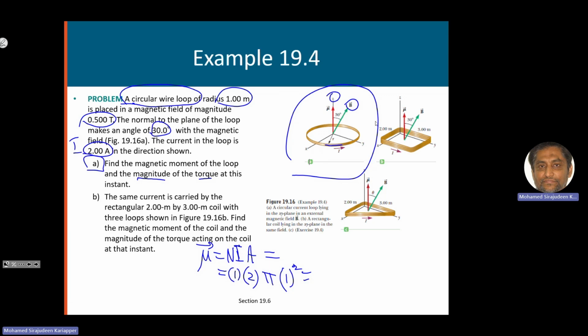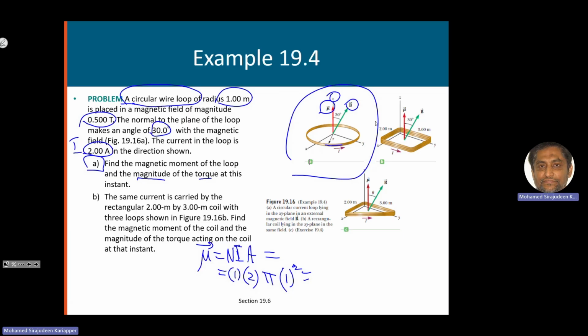So positive z is the direction of the magnetic moment. Curl the fingers of your right hand in the direction of the current and look at the thumb. The thumb is pointing up, so the magnetic moment direction is the positive z-axis.